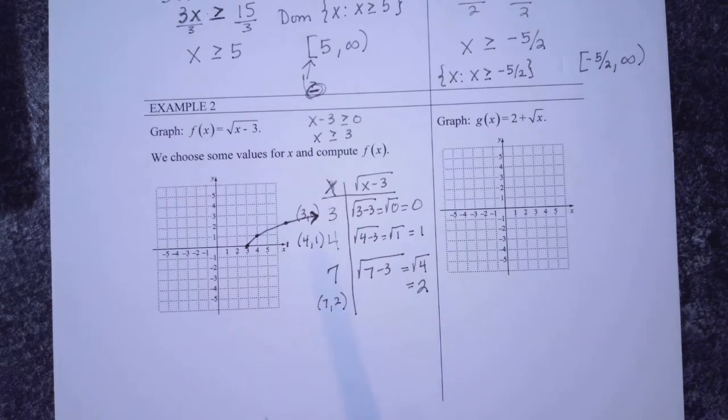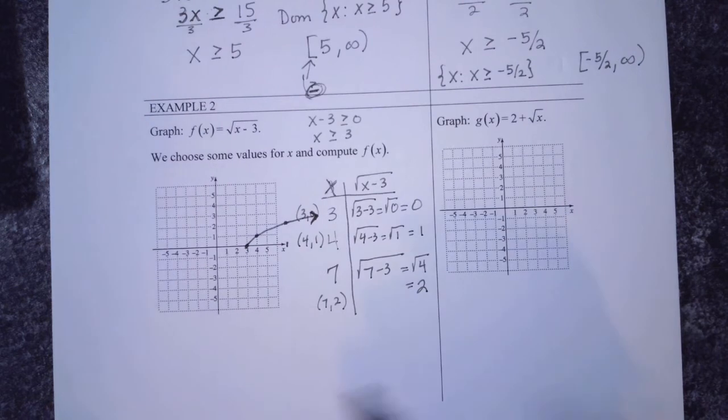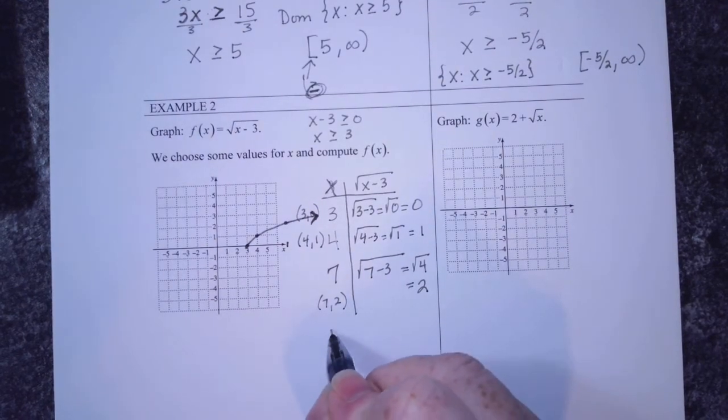Now, why do you think I chose 7 instead of, say, 5? Right, it wouldn't be a, quote, nice number. I picked 7 because I knew I would get 4 under there. Now, it's perfectly fine if you did pick 5 or, say, 6.